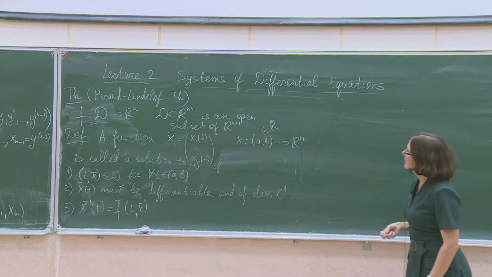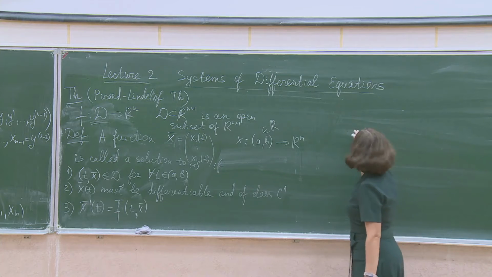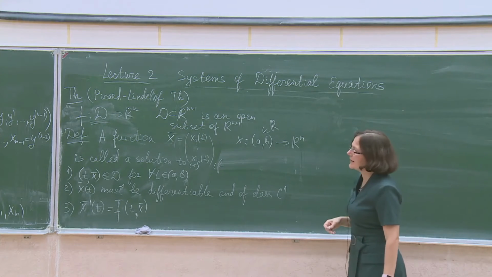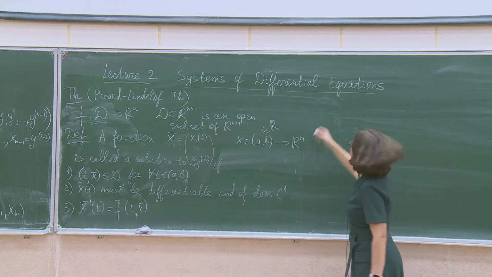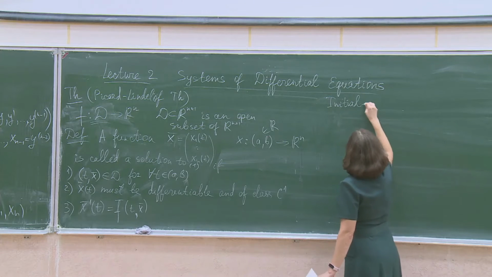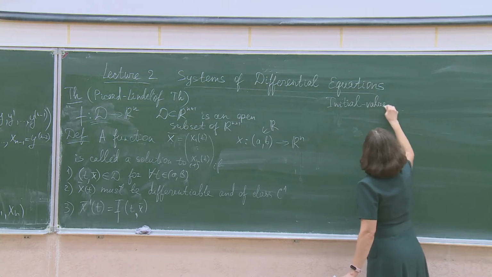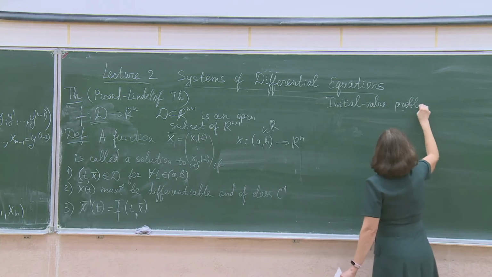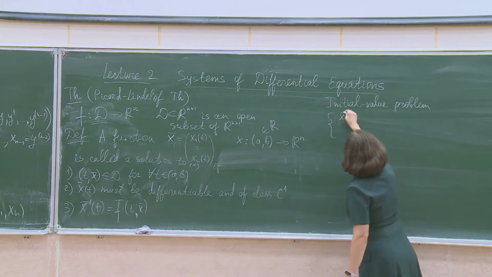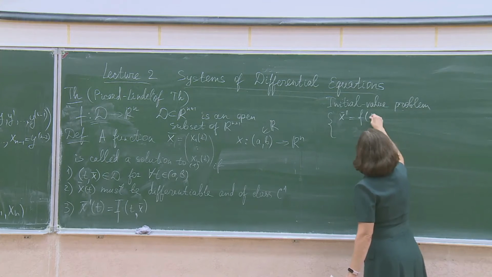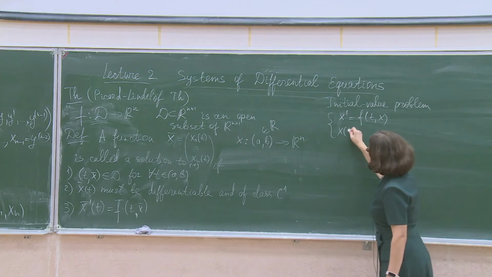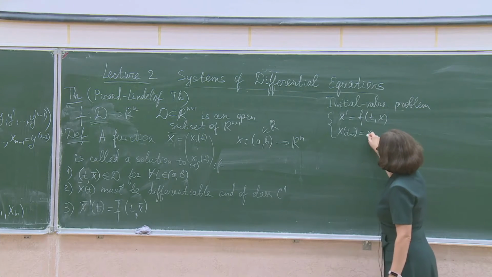Well, so this is a solution, and in what follows we will consider the initial value problem. I recall the initial value problem: x(t0) = x0.